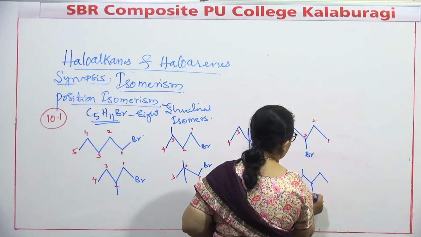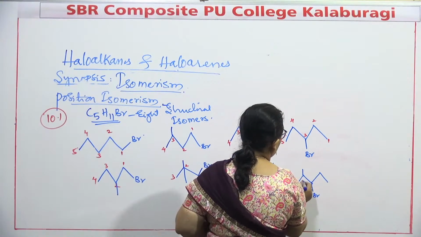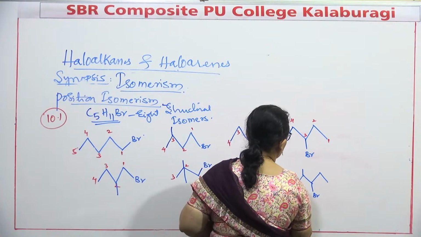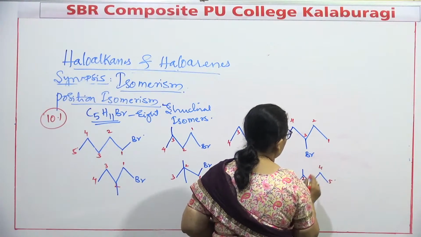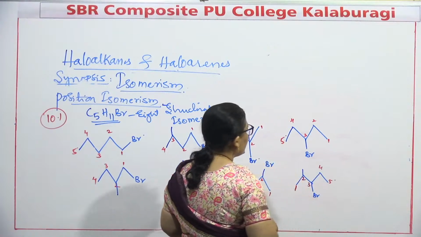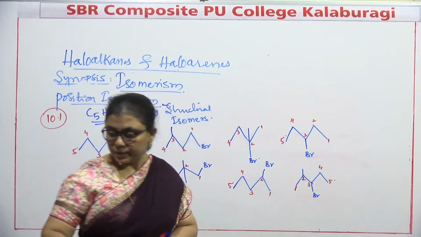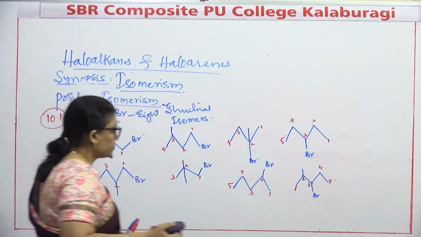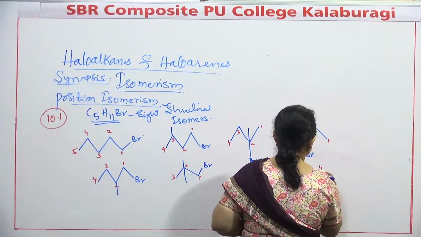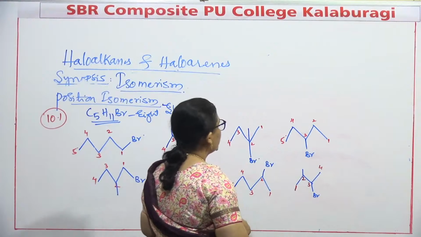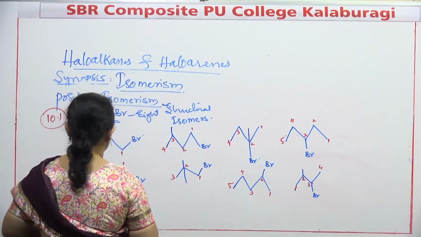Is it possible? 1, 2, 3. If the name is repeated, what do you see? Because the name should not be repeated, children. One minute. 5 carbon atom. Is it possible, you see? If the names are repeated, what does it mean?